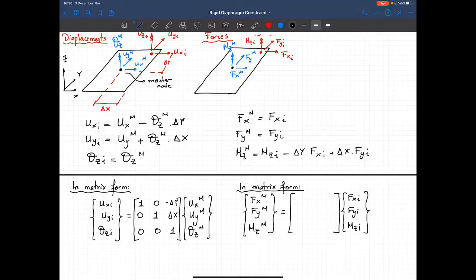Now the relationship is as follows. I got 1, 0, 0, 0, 1, 0, minus delta y, delta x, and 1. So as you see, if I call this transformation matrix T, the matrix that transforms the displacements is actually the transpose of the transformation matrix.